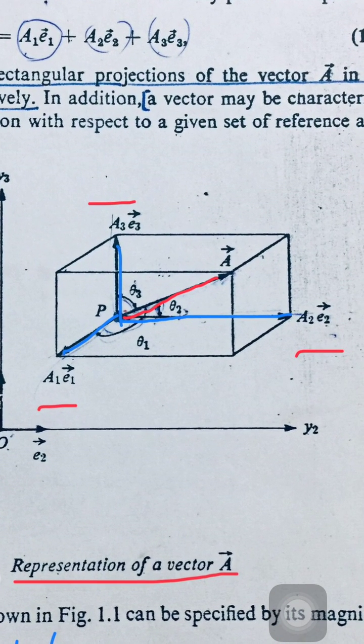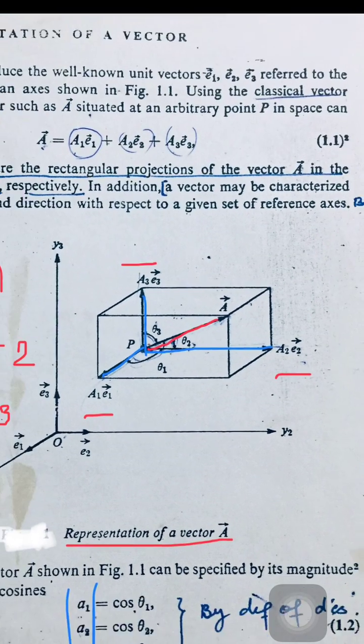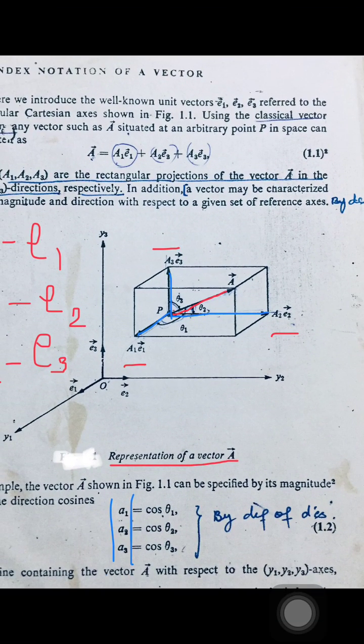Then you are seeing that vector A makes an angle theta 2 with the second axis. You are seeing here theta 2. And in coordinate geometry, we know that the angles the vector A makes with the axes are known as direction cosines.